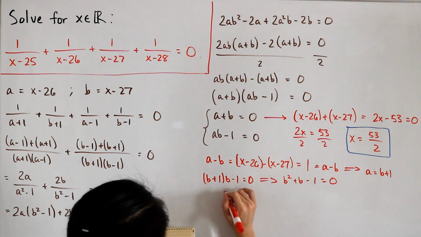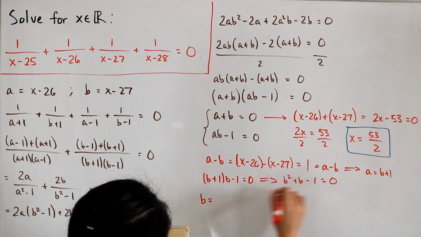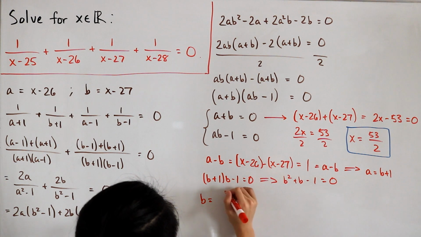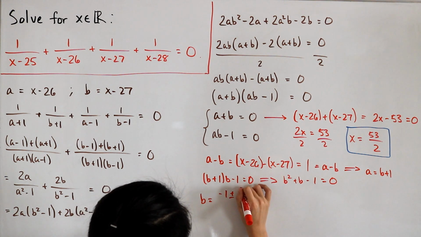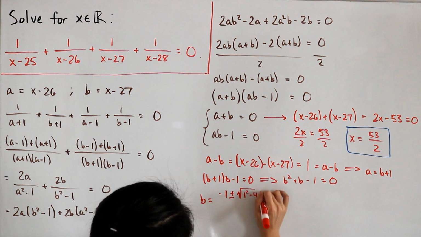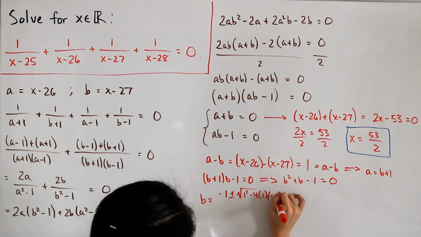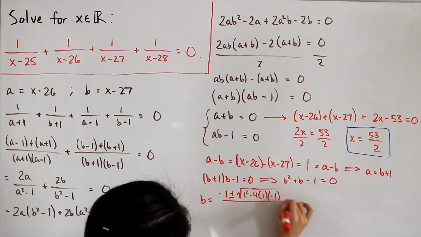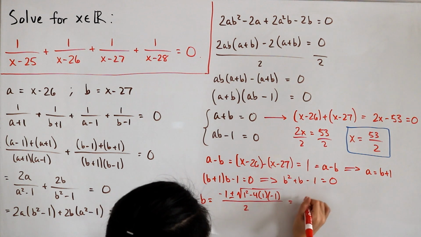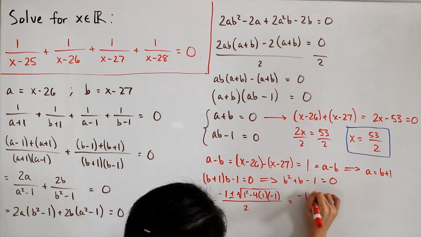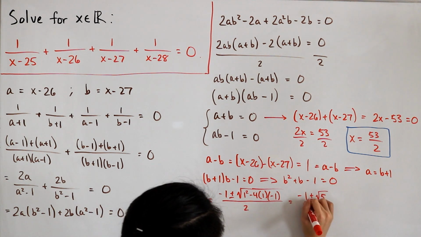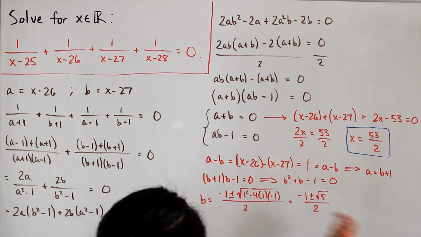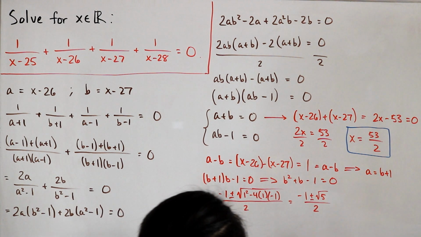And so we say that b is equal to, plug in your a, b, and c terms, negative 1 plus or minus the square root of 1 squared, subtract 4 times 1, then times negative 1, and all this being divided by 2a, which is just 2. This is going to give us negative 1 plus or minus the square root of 5, all divided by 2. And then we set this equal to b.